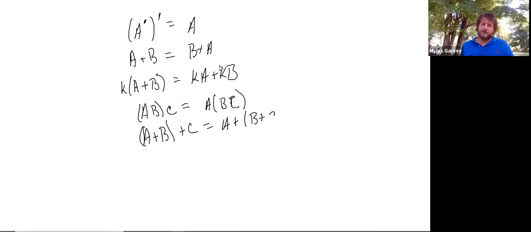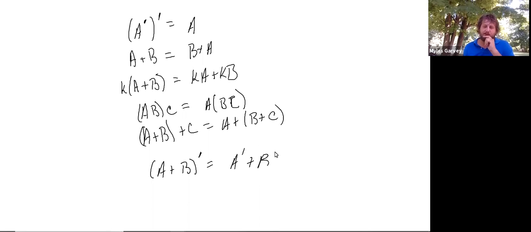And then we have some ones that are unique to matrices themselves and vectors themselves. So here, for example, if I have A plus B and I want to take the transpose of that, we get the transpose of A plus the transpose of B. That holds true.